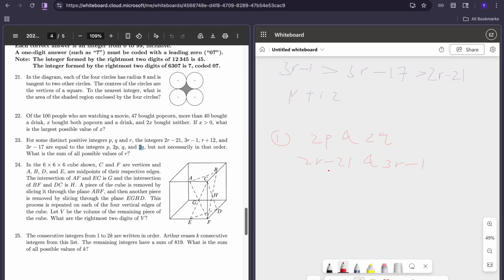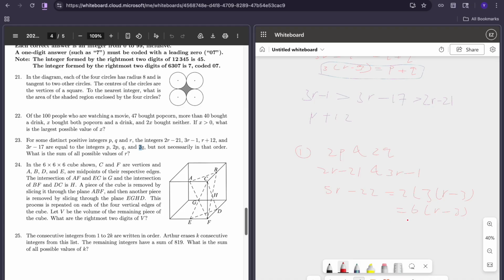Okay, so let us solve it. We get 5r minus 22 equal to, since we're doing 2p plus 2q, which means for the previous one, 3 times r minus 3, we should times 2. 2 times 3 times r minus 3, so we get 6 times r minus 3.